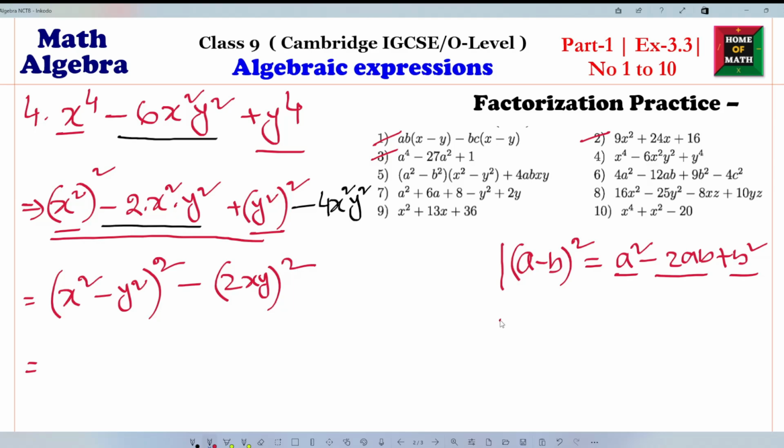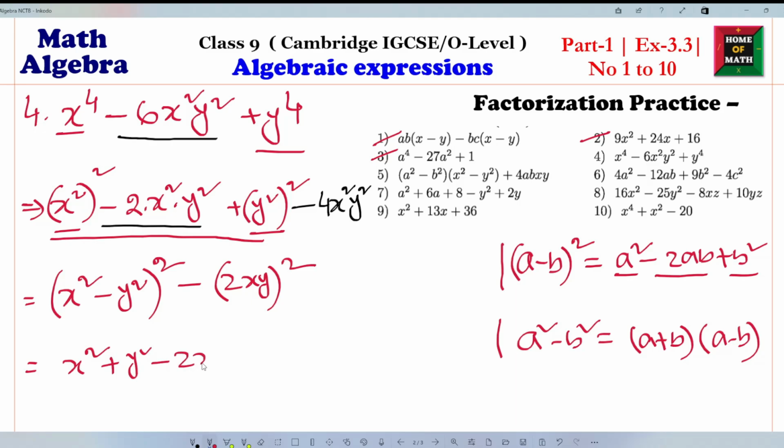So as per theory, a² − b², it means (a + b)(a − b). So we can write this one (x² − y²) plus 2xy, or we can write a + b and a − b.